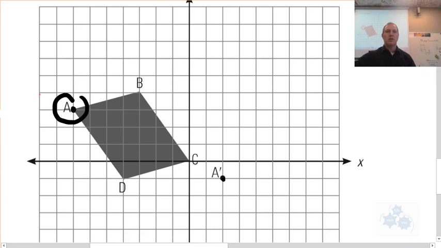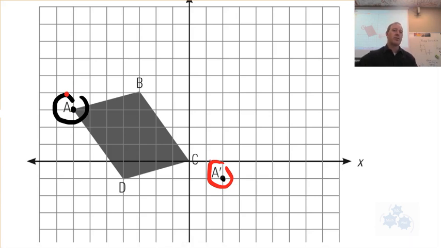How many units horizontally and how many units vertically? Looking at your diagram now, this whole parallelogram has shifted to where? Or if you haven't got it quite finished yet, where does A prime come from? How many units do we move A to get to A prime?